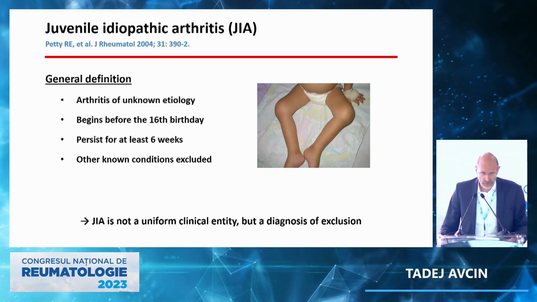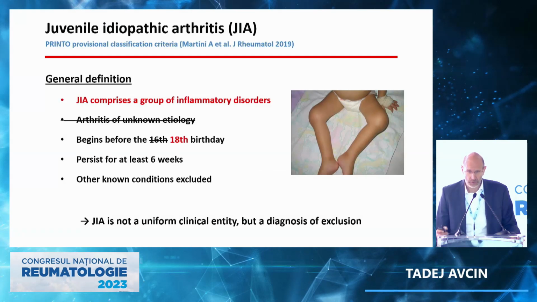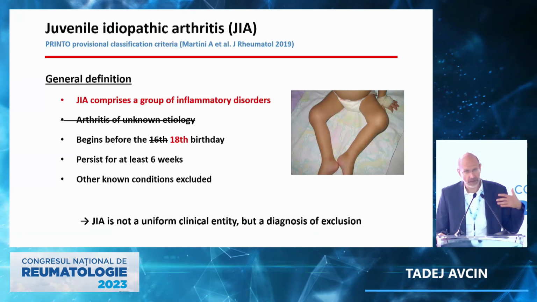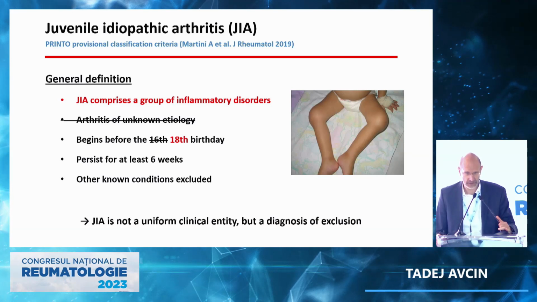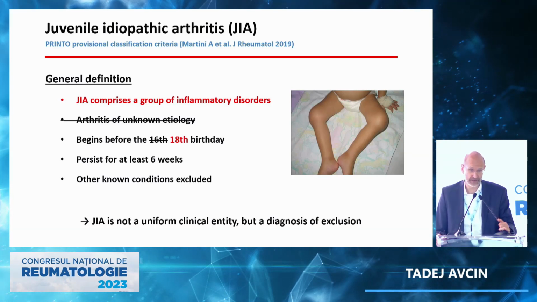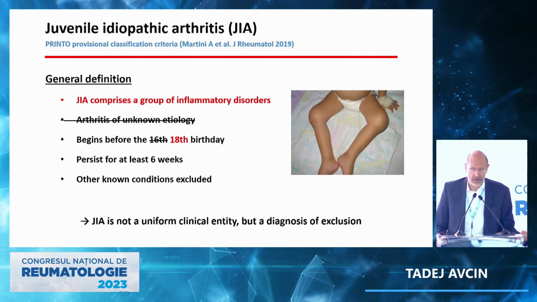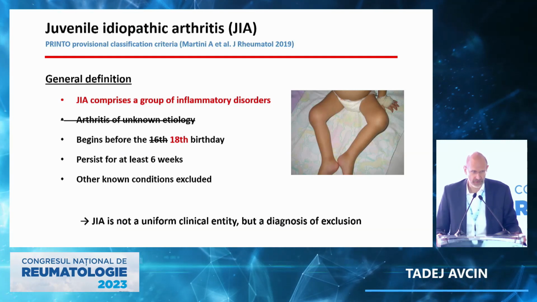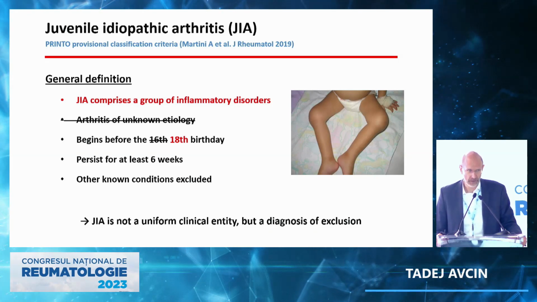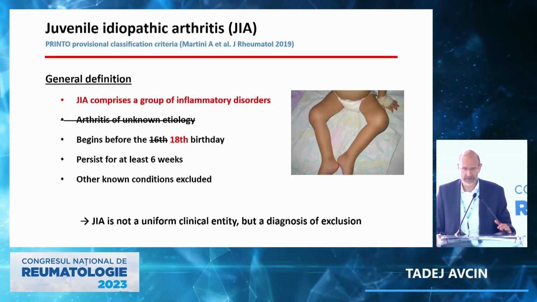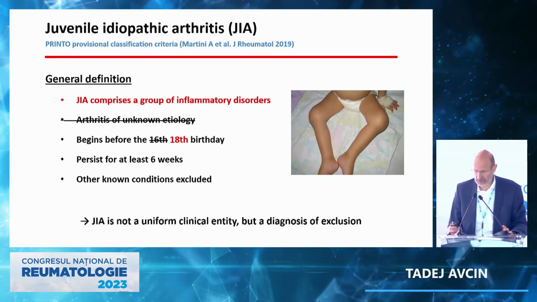Regarding the definition of juvenile idiopathic arthritis, we all know this definition, which was somehow adapted with the PRINTO classification criteria: juvenile idiopathic arthritis is not anymore just arthritis, but a group of inflammatory disorders. We said, okay, we will keep the name juvenile idiopathic arthritis, but the concept is that this is a group of inflammatory disorders.